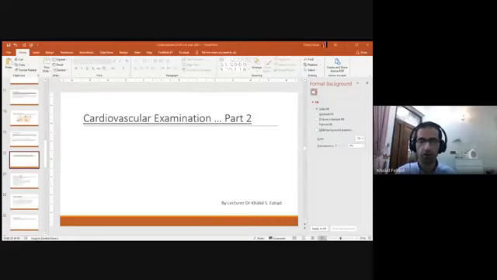So all the auscultatory areas are fixed except the mitral area. It is true, because the mitral area depends on the position of the apex, which is variable from person to person. For example, patients with heart failure will usually have a dilated heart, so the apex is pushed downward and outward. Clear, students?